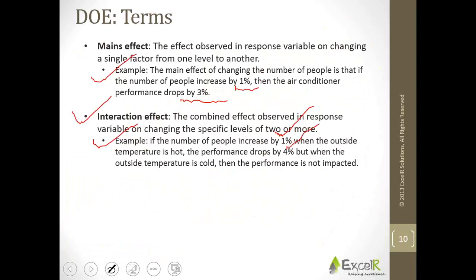But when the outside temperature is cold, then the performance is not impacted. So this is a combined effect observed in the Y variable, response variable, on changing the specific levels of 2 or more factors. If you are changing one single factor from one level to another, then it's main effect. If you're changing the levels of 2 or more factors, that is when it is called interaction effect.